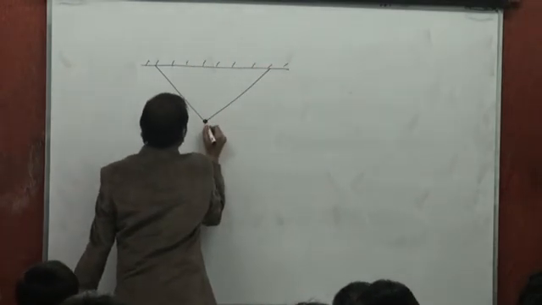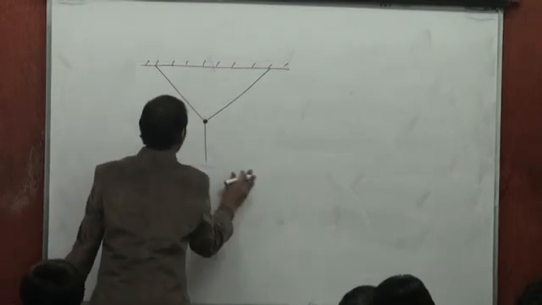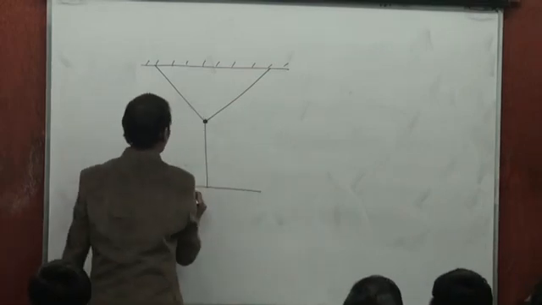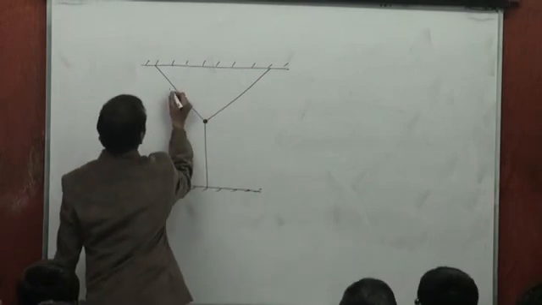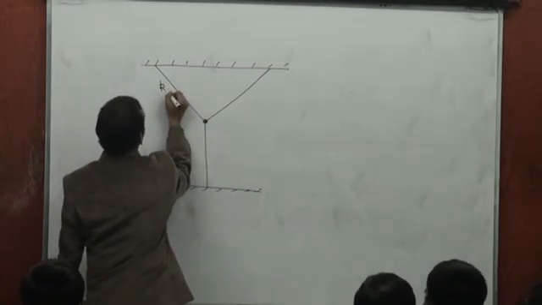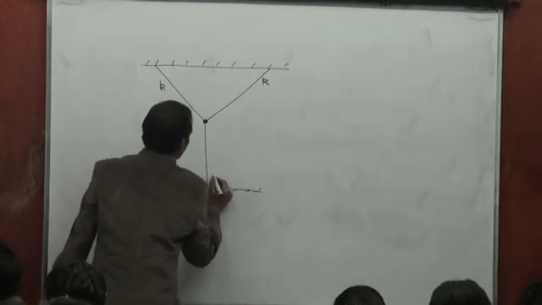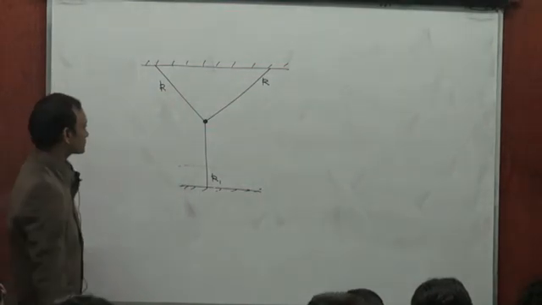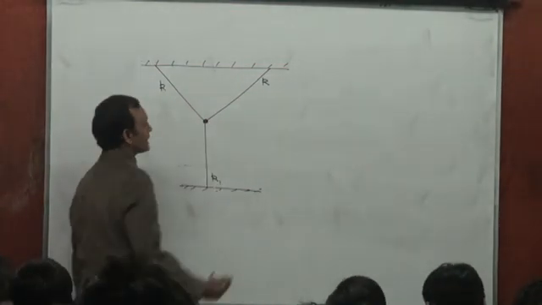And a mass m. Third spring. Say these are identical springs. Say this is force constant K. This is also force constant K. And say this spring is force constant K1. And they're connected to a mass m here.